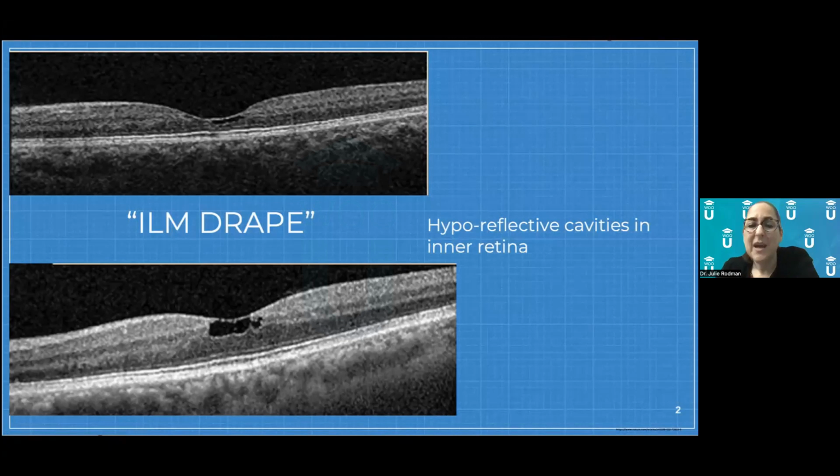We call this an ILM, or inner limiting membrane, drape because the most superficial layer of the retina is the inner limiting membrane, and these cystic spaces live right underneath it. So this is classic for macular telangiectasia.